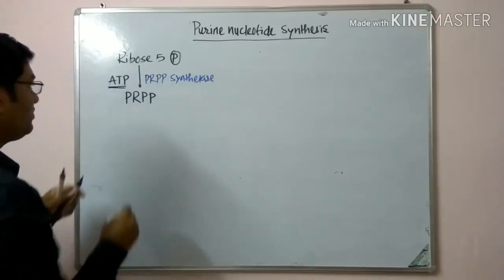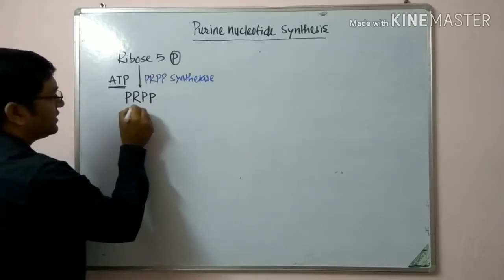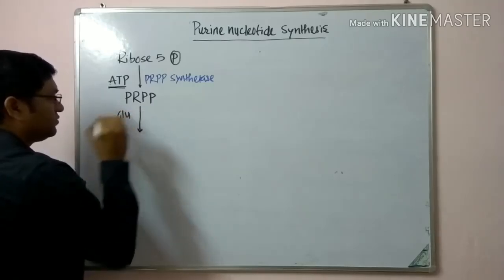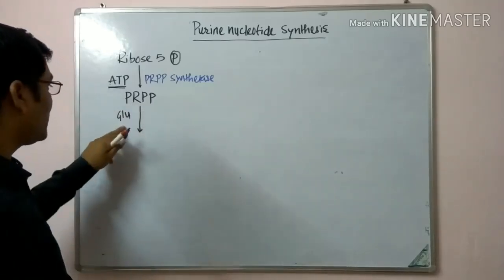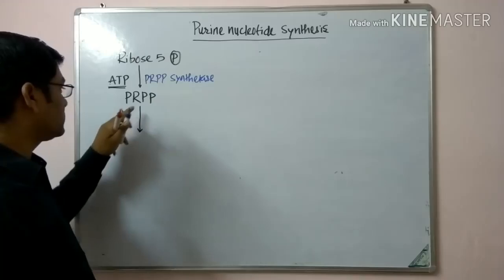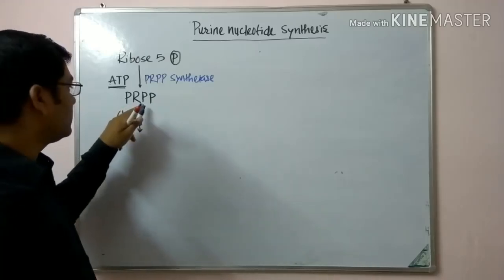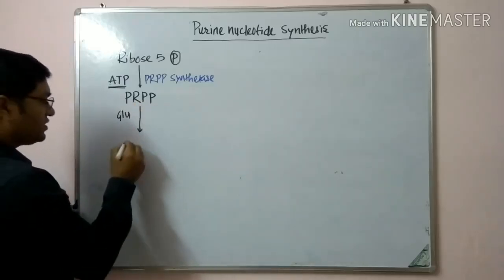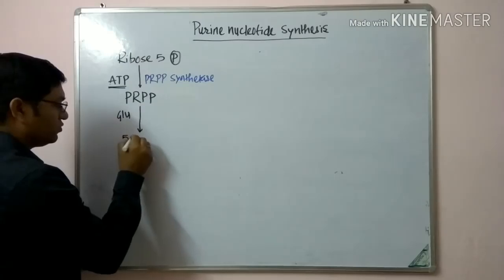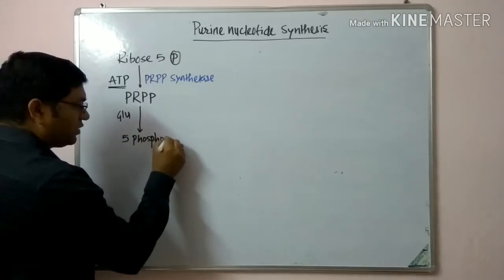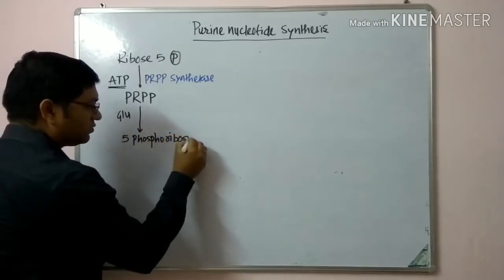Now in the second step we require glutamine. By transfer of amido nitrogen to this PRPP, there is replacement of pyrophosphate and PRPP is converted into 5-phosphoribosyl amine.